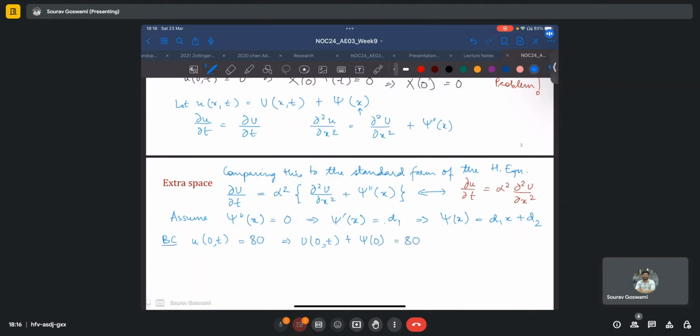Now we are already familiar with solving equations of the standard form, the heat equation where the right side is homogeneous, that is, something equivalent to u at 0 comma t is 0.